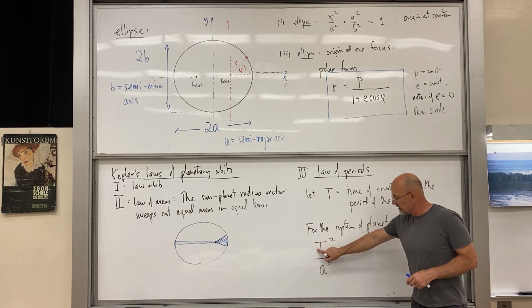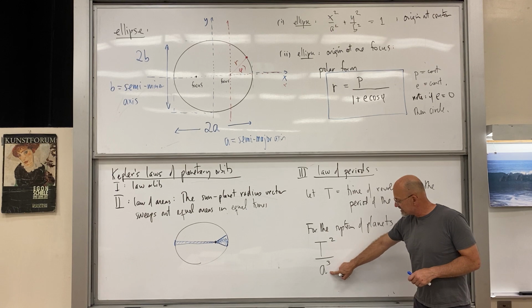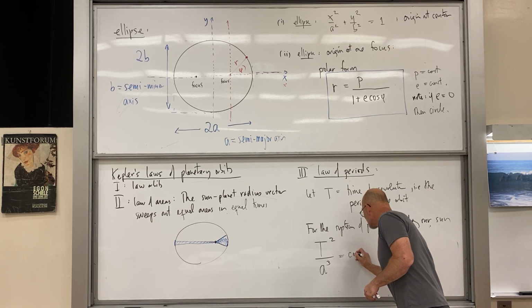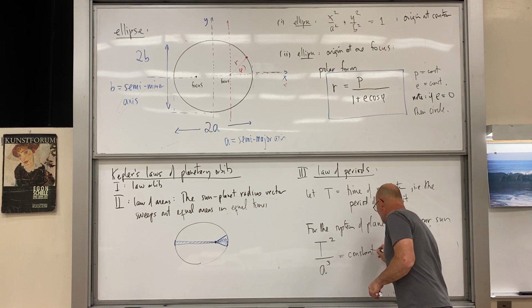Okay. Period of orbit squared divided by the semi-major axis cubed was a constant. So one and the same constant.